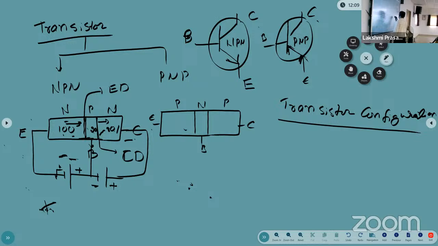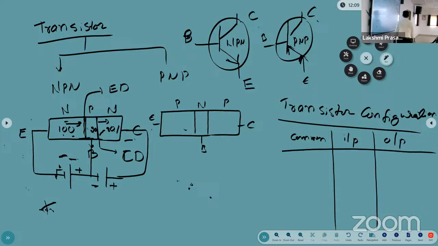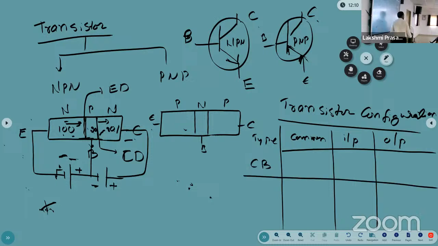Name, common terminal, input terminal, output terminal. First, we can take the type of configuration. Common base configuration. And the second one is common emitter configuration. Next, third one is common collector.